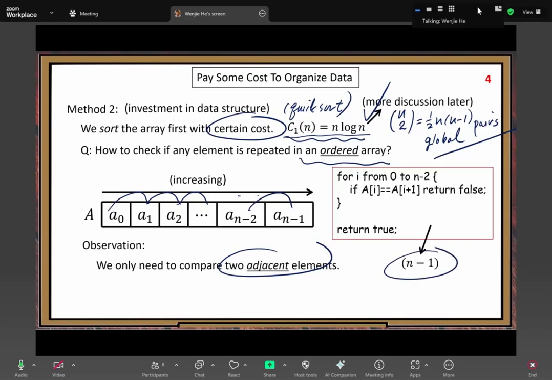If we write a pseudocode, you can see we don't need a nested for loop. We just need one simple for loop. So you can see this many comparisons, versus if you do global comparisons, you need approximately 1/2 n squared. Remember, we frequently use approximation.